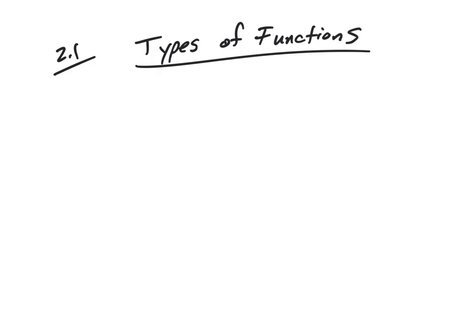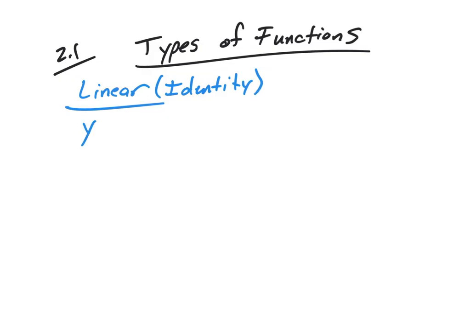Okay, the first one is what we call a linear function, which we talked about in chapter 1. This is sometimes referred to as the identity function because of its basic function, and it's just y equals x. So it's kind of like slope-intercept form, but here my slope would be 1, my y-intercept would be 0.